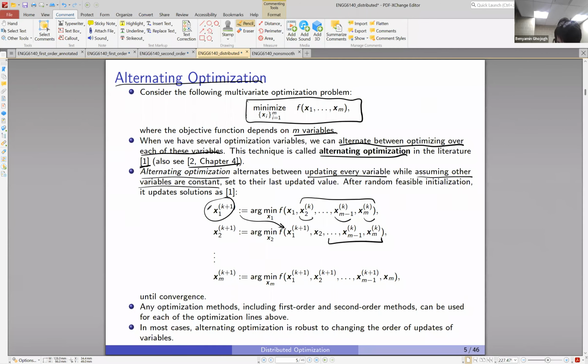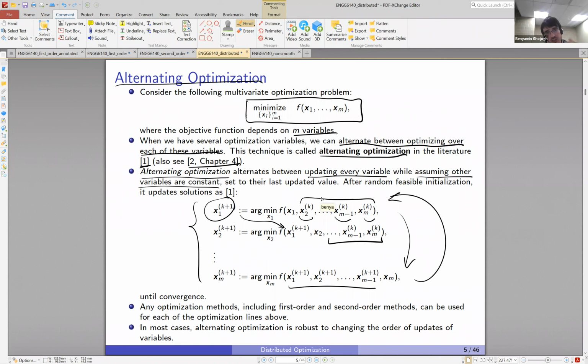So when you go until the last one, one by one, you are using just the variables which were updated before this line. After this, you go and do it again. So you have a for loop: you do this and then this and then this, then we do it again. So it's iterative.